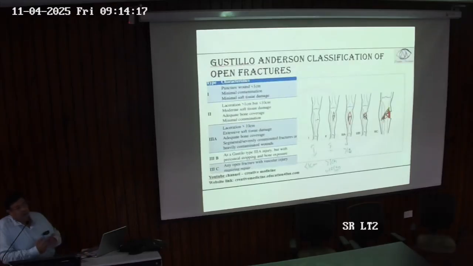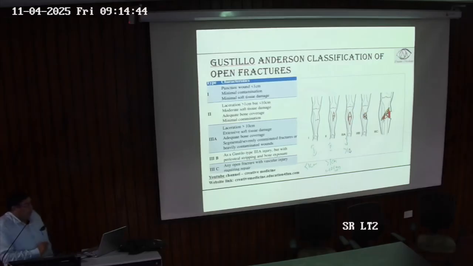So as far as classification of open fracture is concerned, there is the Gustilo-Anderson classification, in which class 1 is when the wound is less than 1 centimeter, with minimal contamination and minimal soft tissue damage.